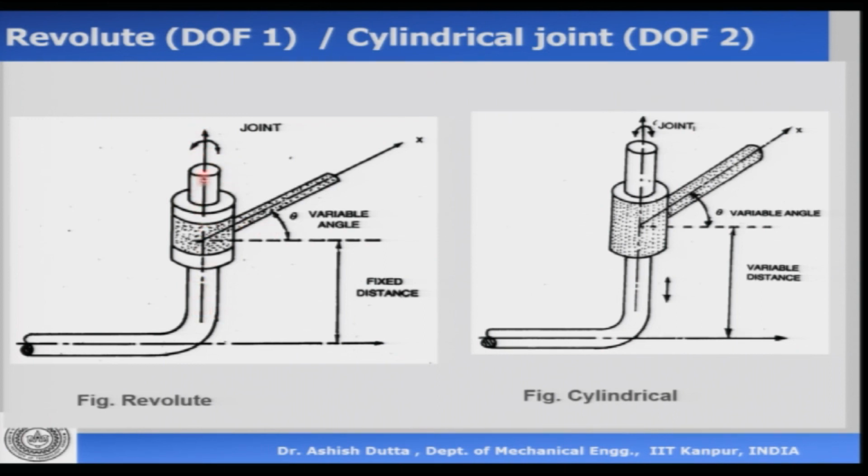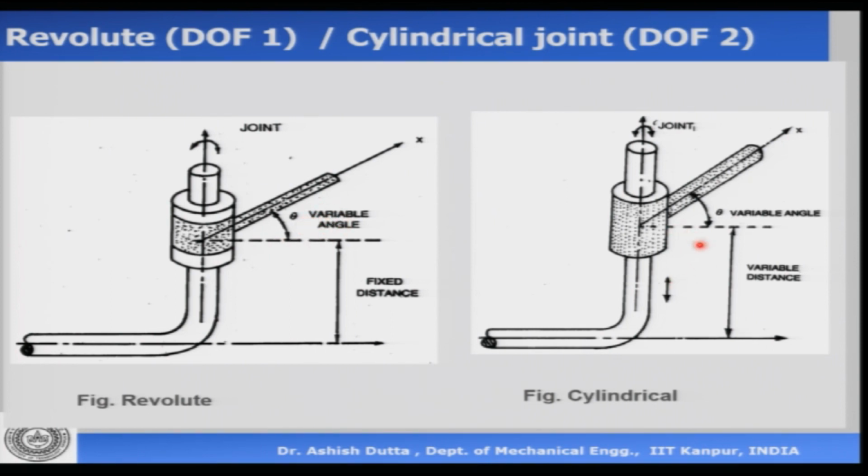In this joint, this cylinder can rotate about this axis, either clockwise or anti-clockwise, and what changes when it rotates is essentially this variable angle theta, right. So this has 1 degree of freedom, and the degree of freedom is theta, the angle which changes when this rotates. So this is a revolute joint, the degree of freedom is 1, and the variable is theta.